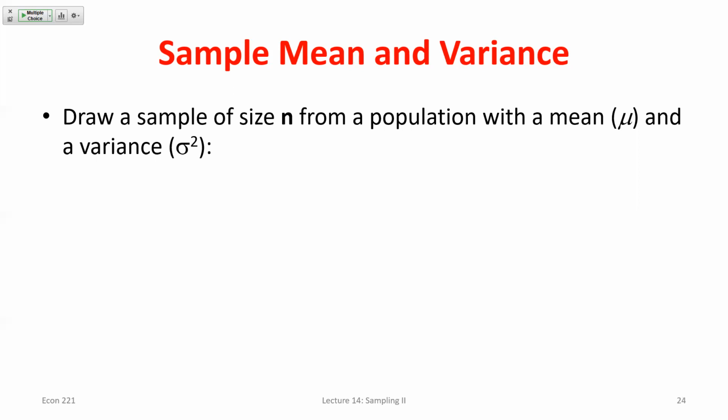I'll give you a little bit of intuition why this is the case. Think about it this way. We'll keep using income. So if I take this variable of income and maybe I have samples of size 1.